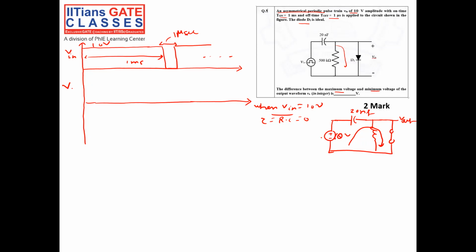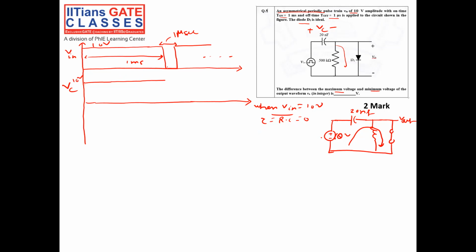If I draw Vc, nothing but the voltage across this capacitor, it will charge instantaneously to 10 volt and stay at 10 volt. The time to reach 10 volt is 0 because the time constant is 0.